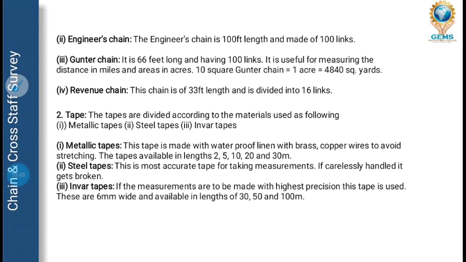These are 6 mm wide and available in 30, 50 and 100 meters. So tapes are used for linear measurement. In construction, a civil engineer must carry a tape or a steel tape to make sure all measurements are done with care.